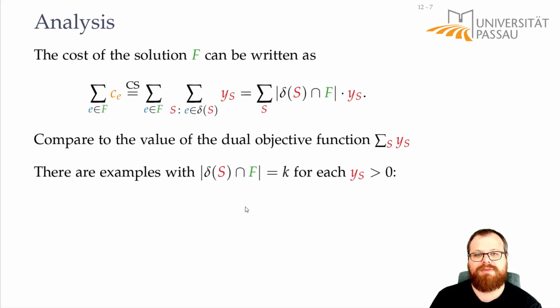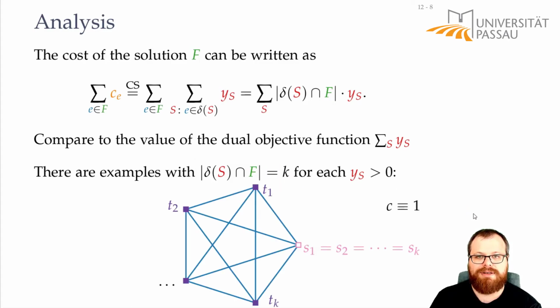So there are examples where for every cut we have in the solution, the number of edges of the forest in the boundary is k. For example, this one here. We have pairs of terminals. All the S terminals are the same vertex. All the T terminals are different vertices. We have a complete graph.